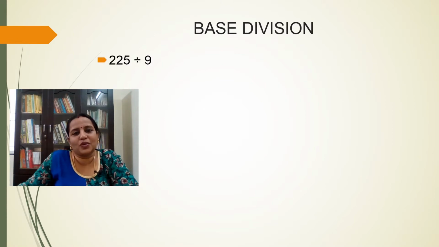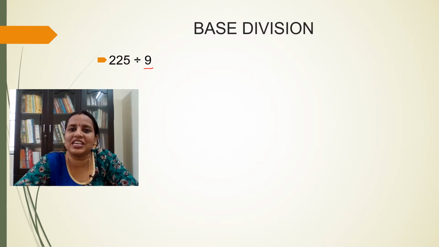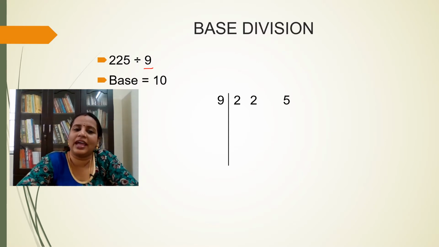Okay, come, let's go to the problem. My first problem is 225 divided by 9. Here my base will be 10 as my divisor is 9. My divisor 9 is closer to the base 10, so I consider my base as 10. Next, I am taking the numbers 9 divided by 225.